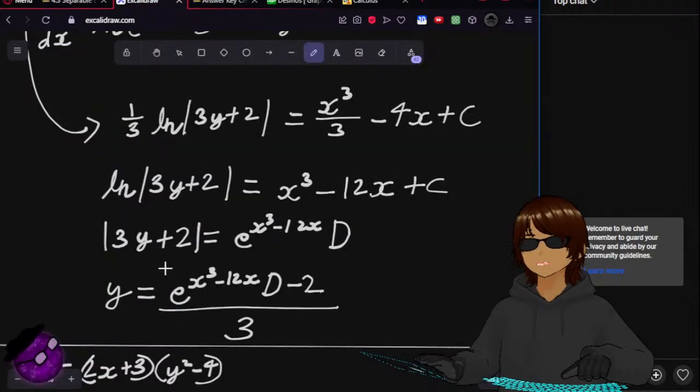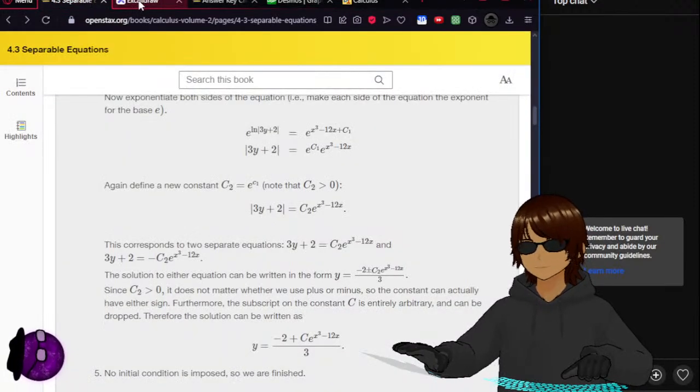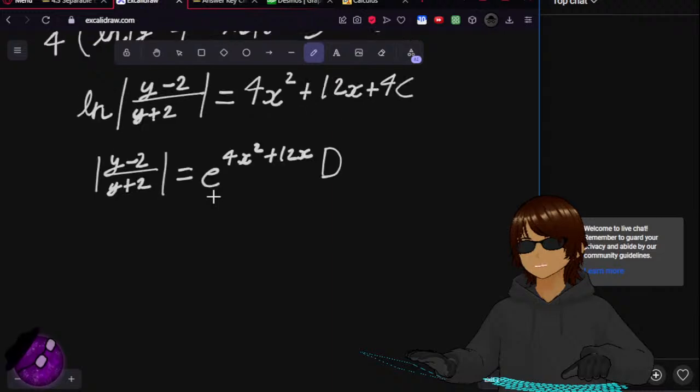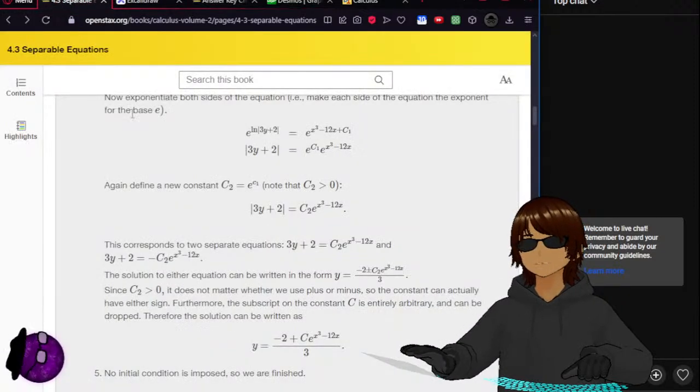Oh, because if I'm writing plus minus, the constant can have either sign. Wait. Yeah, I guess that makes sense. The constant is going to be plus minus. But then where would I go from there?